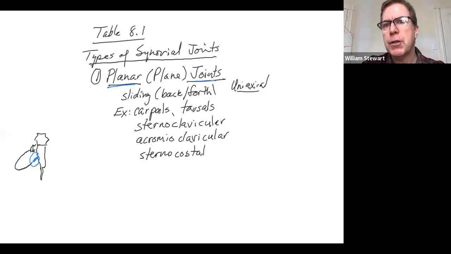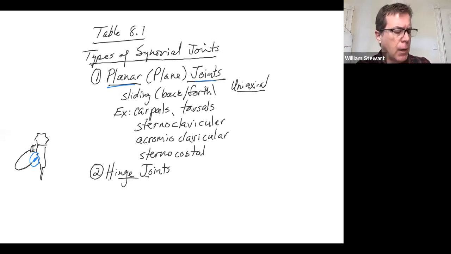Now I'm going to move on to hinge joints. These joints, typically, there's a convex surface on one bone.